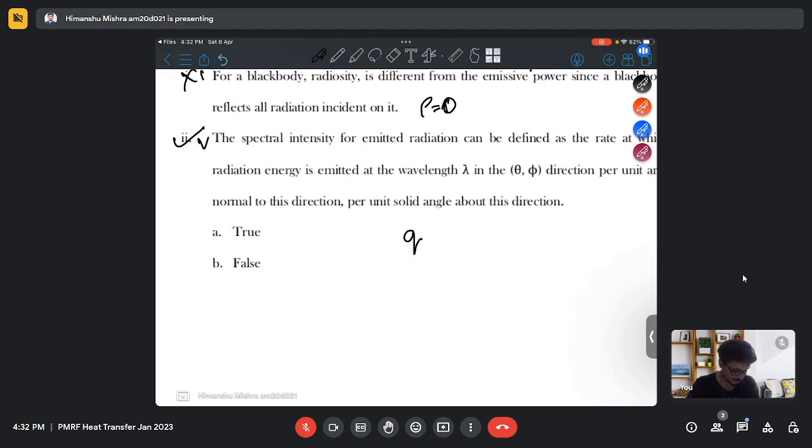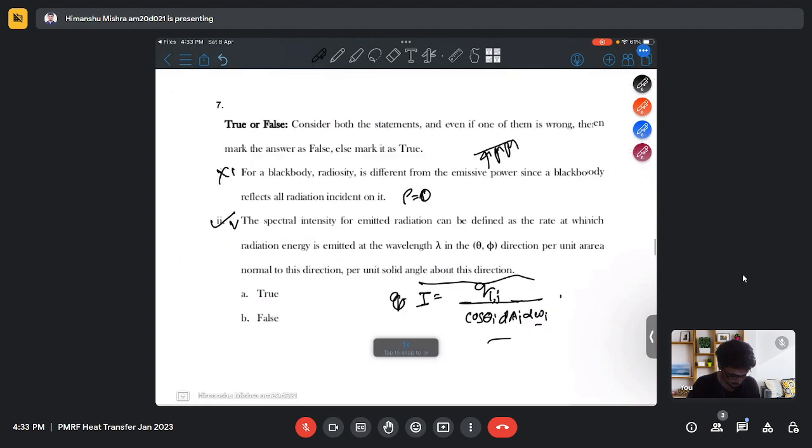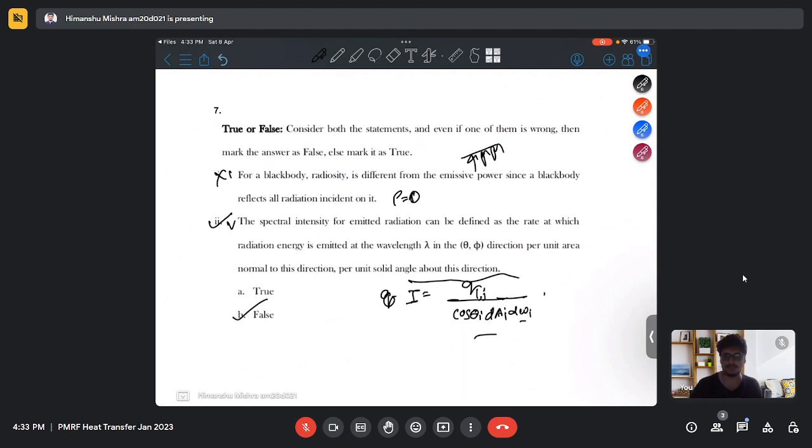We calculated the intensity as the heat exchange from surface I to J divided by the angle at surface I and the cross-sectional area, and I think it was a solid angle. It might be the wrong formula, but it looks similar to this. So this is what spectral intensity is. The second statement is correct and the first is wrong, so option B is the correct answer.